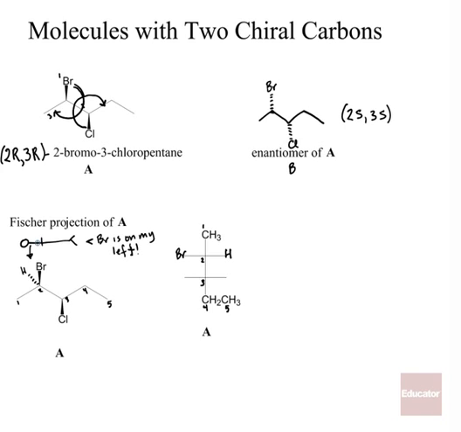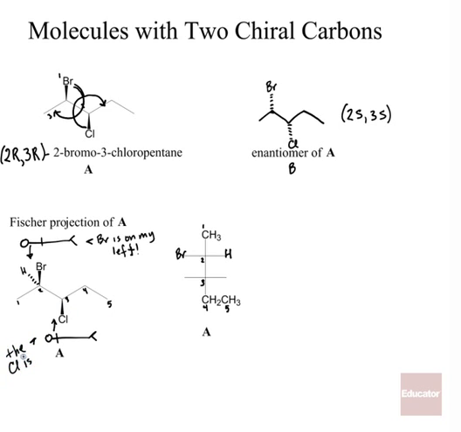I can't stay up here with this same perspective and view down at the chlorine, because now the chlorine isn't coming toward me, it's pointing away from me, so that's the improper perspective. So the easiest thing for me to do is move myself down here and view in this direction. Now I'm looking at it from underneath the plane of the molecule and looking up, and when I do that, again, carbon 1 always needs to be aligned with my head. Where is that chlorine? If I'm in the board, that chlorine is coming down into my right.